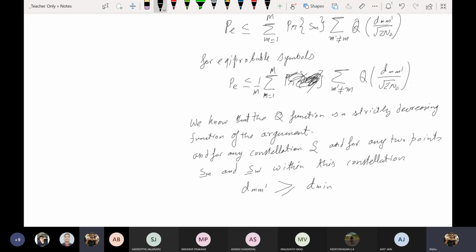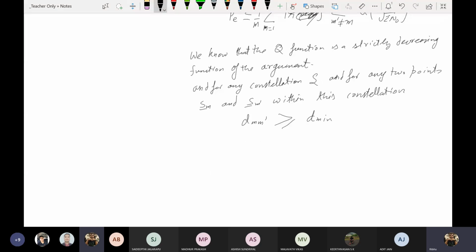We had found out the minimum distance between two points of a constellation, if you remember. So we know that this is at least d_min, so Q of d_mm' by root 2 N naught is at most Q of d_min by root 2 N naught.